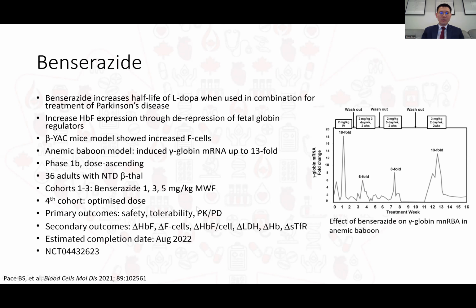And the fourth cohort will consist of the optimized dose from cohorts 1 to 3. Primary outcome includes safety, tolerability, as well as PK/PD parameters. Secondary outcomes include changes in fetal hemoglobin, F cells, hemoglobin F per cell, LDH, hemoglobin, and soluble transferrin receptor level. Estimated completion date is August of 2022.